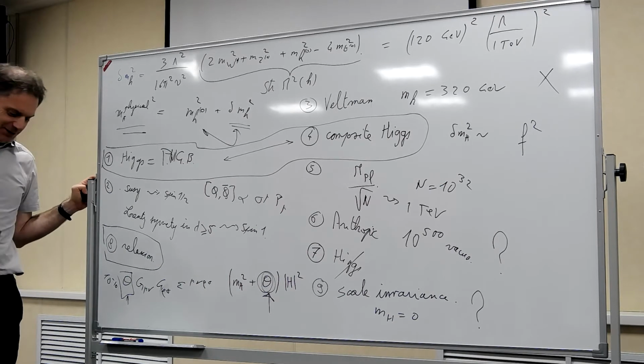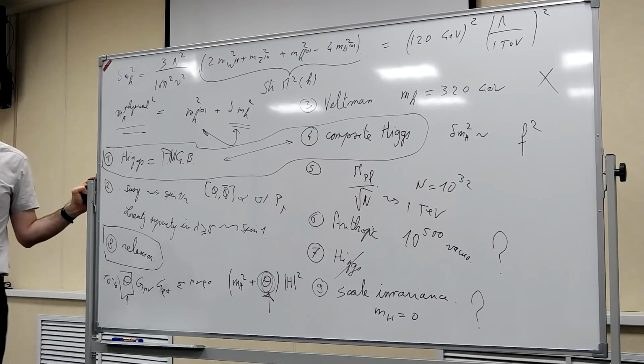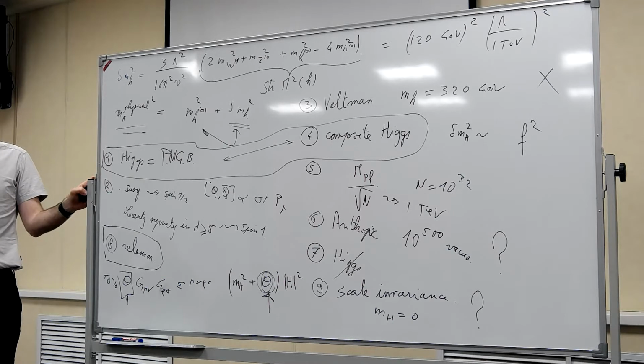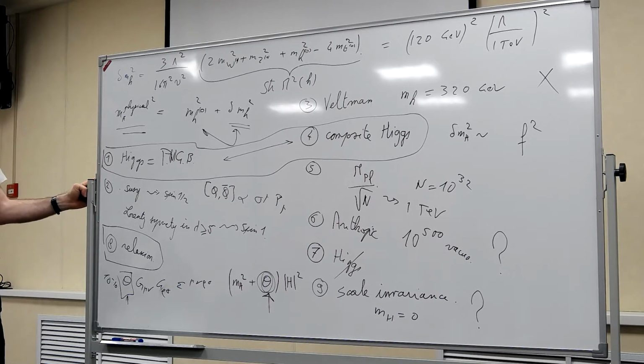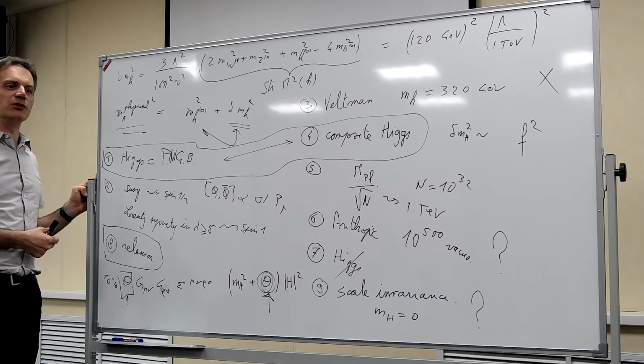So here you will have SO4, and you will have an extra U1. So what are the generators of SO4 in this case, which are also equivalent to SU2 left plus SU2 right?